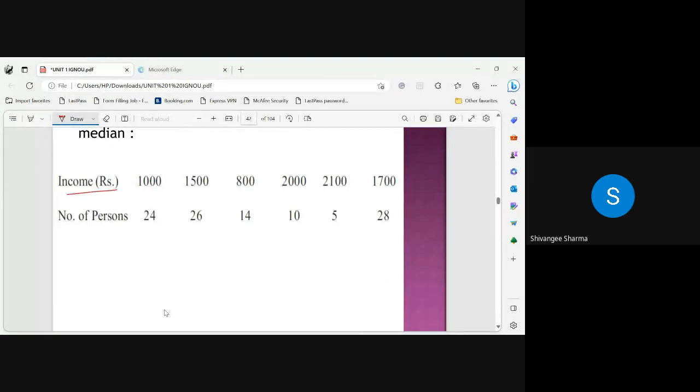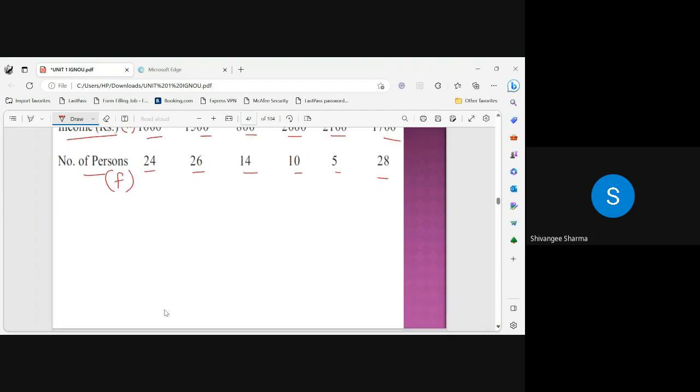There is income given to you: 1000, 1500, 800, 2000, 2100, and 1700. And we have number of persons: 24, 26, 14, 10, 5, and 8. So here income is the variable which you are analyzing, and number of persons is the frequency for that.